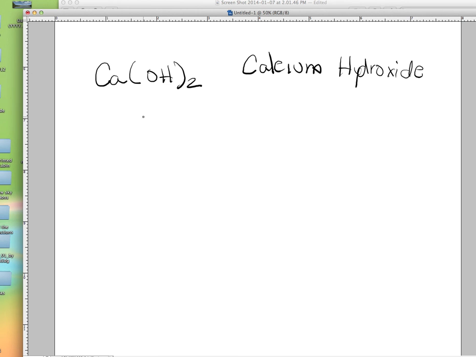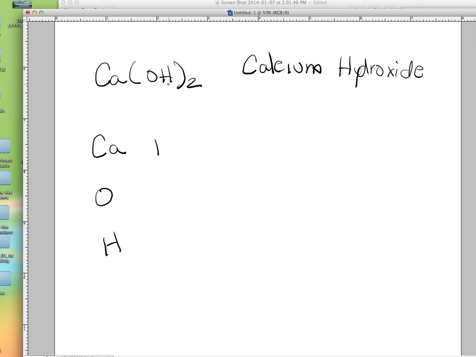Alright, let's quickly get the gram formula mass done. Let's take calcium, oxygen, and hydrogen. Make a list of all your elements. Find out how many calciums you have in this formula. So calcium, there's only one. There's a subscript of 1 here. Again, you can't see it because it's not typically written if the subscript is 1. So you're going to put a 1 there.